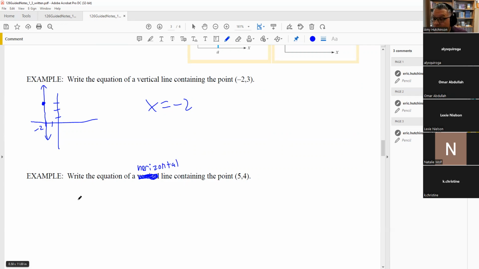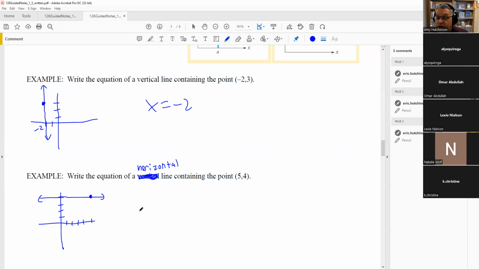Okay, so this one we're going to plot 1, 2, 3, 4, 5, and 1, 2, 3, 4. We're going to go 5 to the right and up 4 and make a dot right there. And it says we want to make a horizontal line that goes through (5, 4). So I would draw a horizontal line like this going through that one.